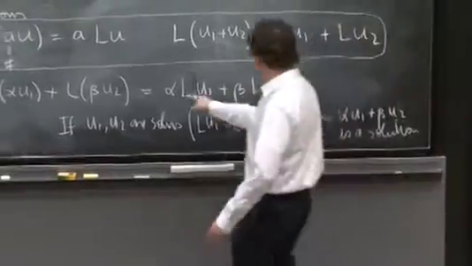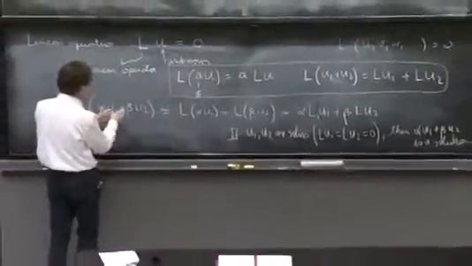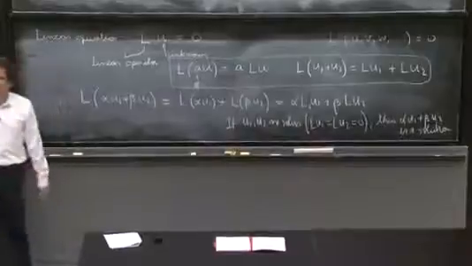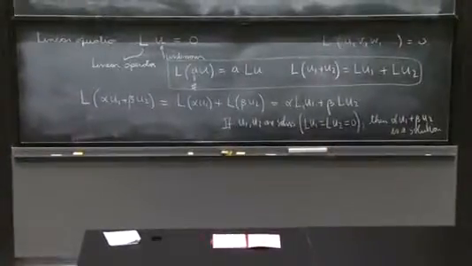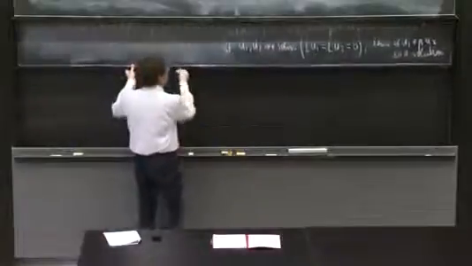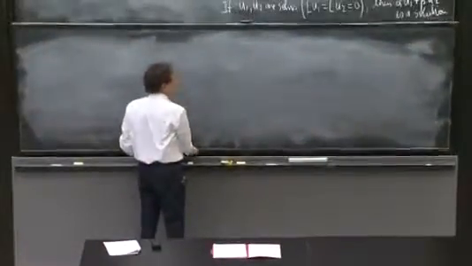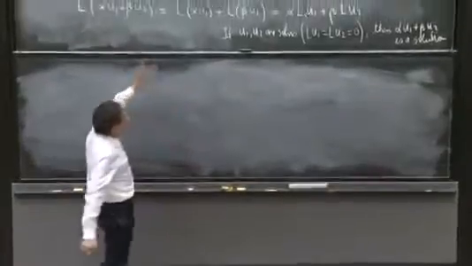Because if Lu1 is 0 and Lu2 is 0, L of alpha u1 plus beta u2 is 0, and it is a solution. So this is how we write a linear equation.